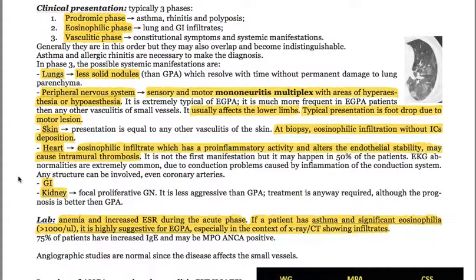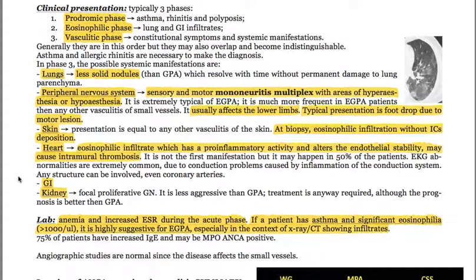It's not the first manifestation, but it may happen in 50% of the patients. EKG abnormalities are extremely common due to conduction problems caused by inflammation of the conduction system. Any structure can be involved, even coronary arteries. We have also GI and kidney involvement, with a focal proliferative glomerulonephritis, less aggressive than in granulomatosis with polyangiitis.